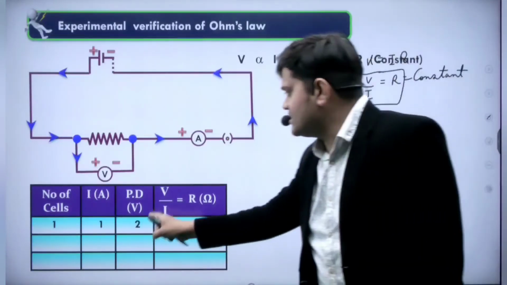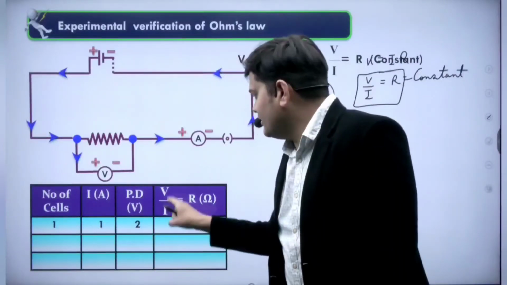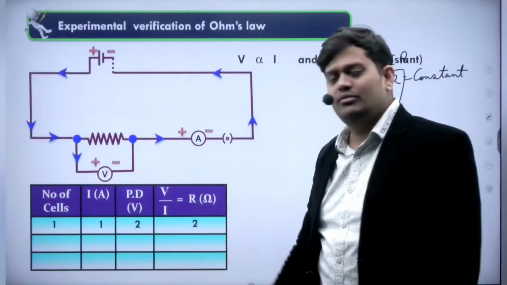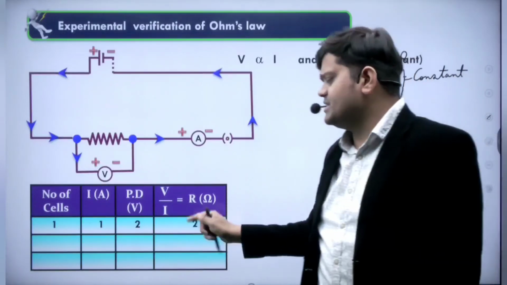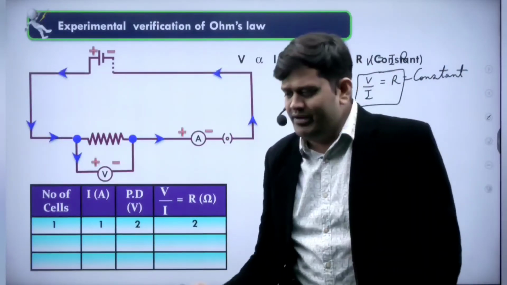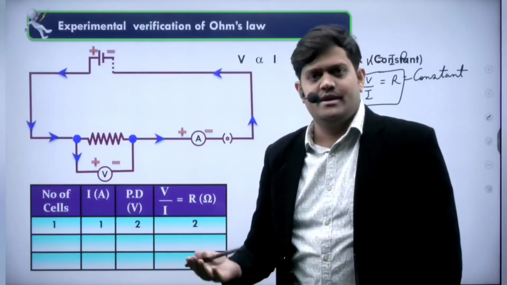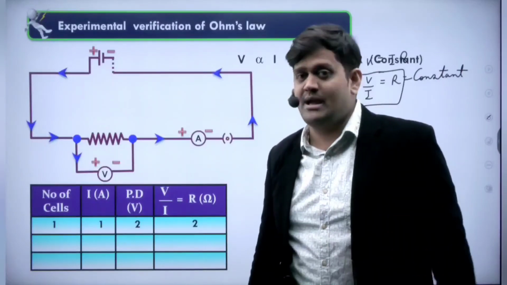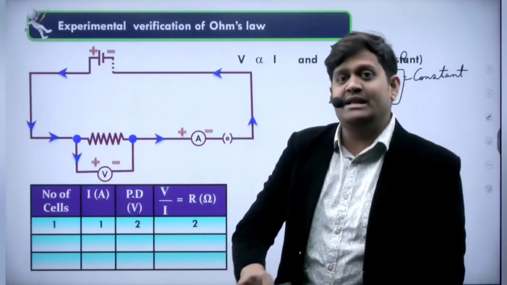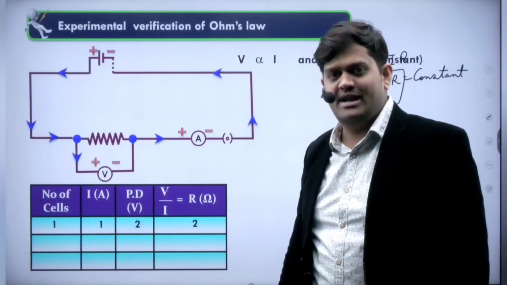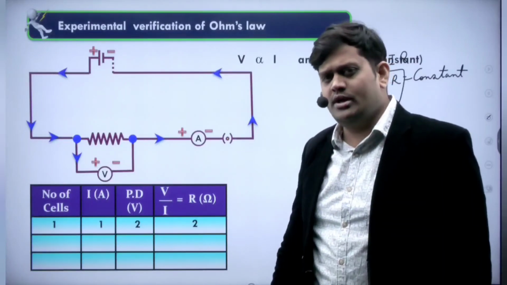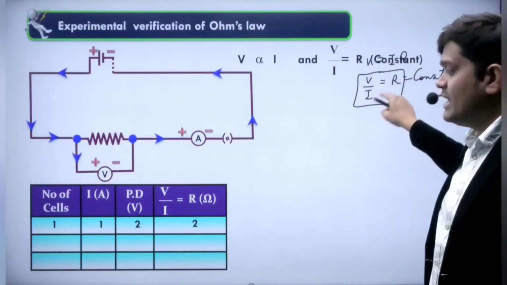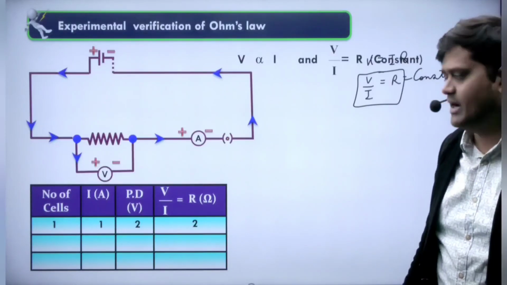Then the V upon I ratio is 2, so the resistance is 2. Now we increase the potential difference and see what happens. Is resistance increased or not? If resistance is not increased, then we can say that V upon I is always constant.